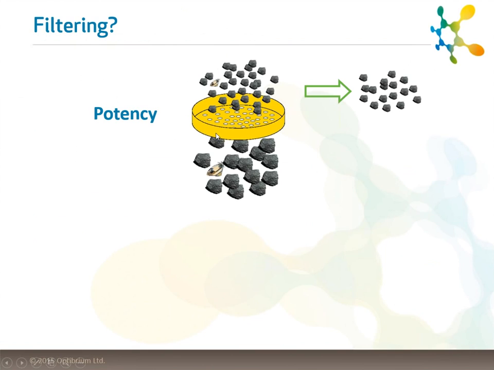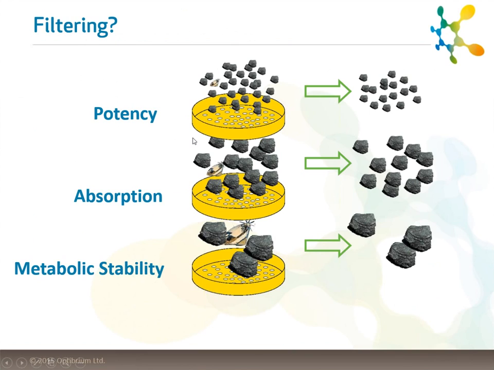But we're not talking about one property here. The idea is multi-parameter optimization. And so maybe we might look next at absorption. Again, experimentally, it might be CACO2 or MDCK or PAMPA, or it could be a prediction from a QSAR model. And we throw away the compounds that don't meet our absorption requirement. And then maybe metabolic stability, microsomal stability, hepatocyte stability, whatever your chosen endpoint might be.